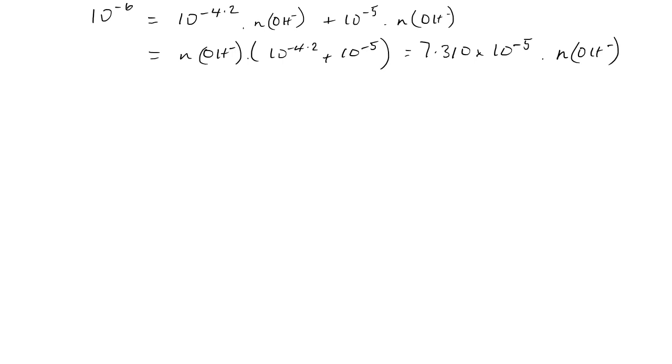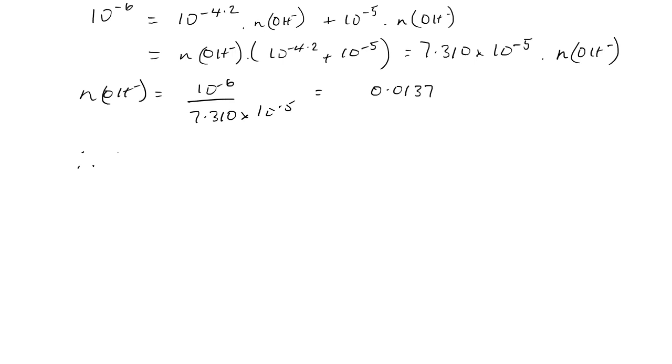So our moles of hydroxide is 10 to the minus 6 over 7.310 times 10 to the minus 5, which is 0.0137. That many moles.